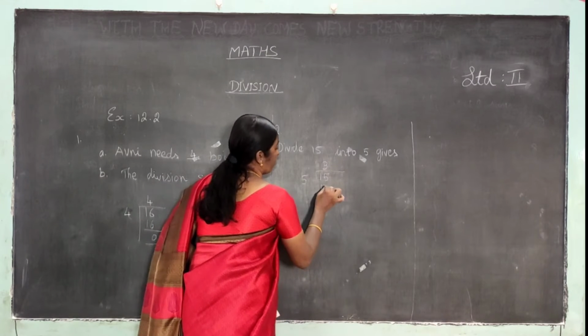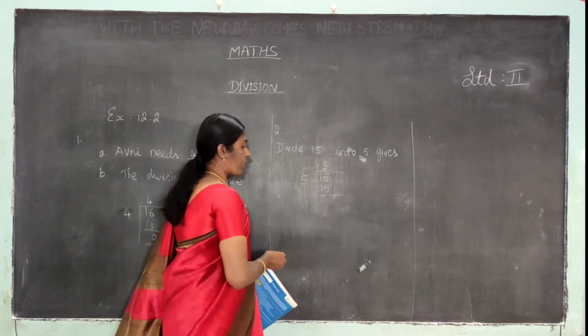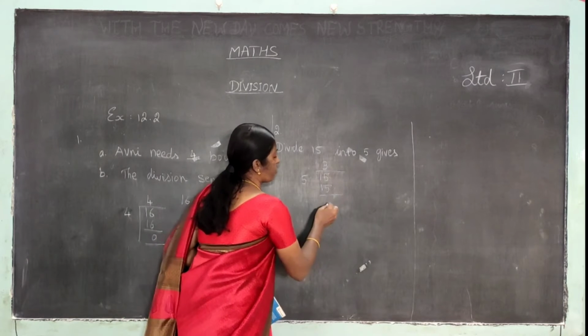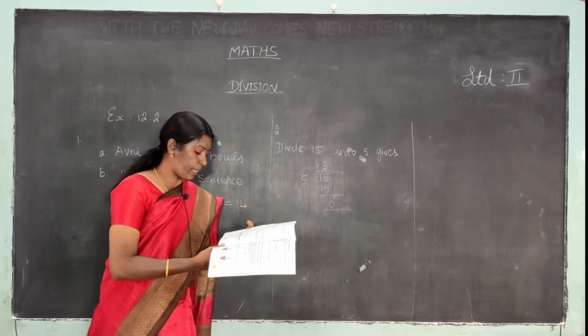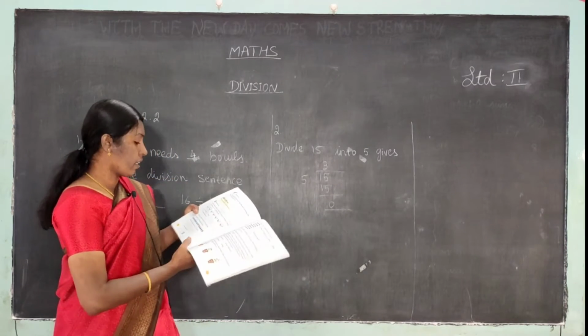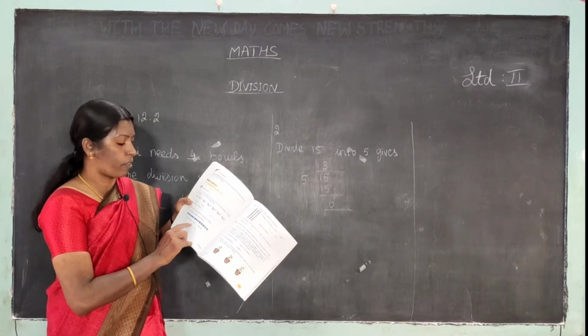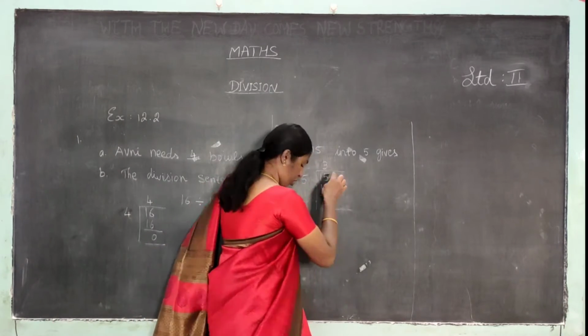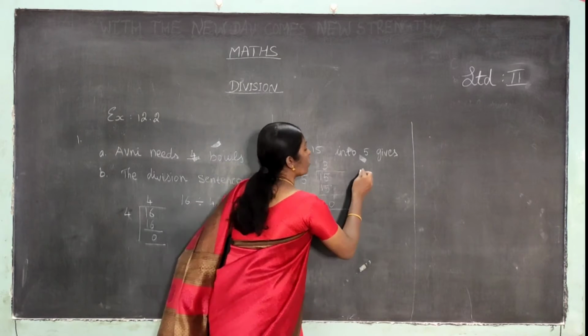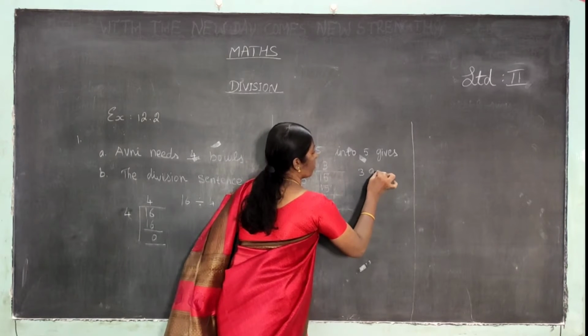5 3s are 15. Okay, what is the remainder? 15 minus 15. What is the remainder? 0. You see, dividing 15 into groups of 5 gives how many groups? Here, what is the quotient? 3. So 3 groups.